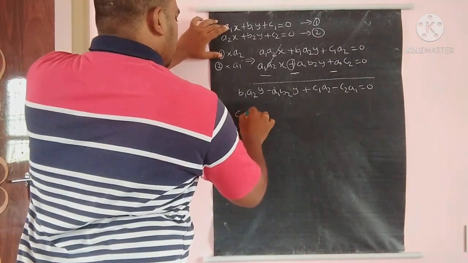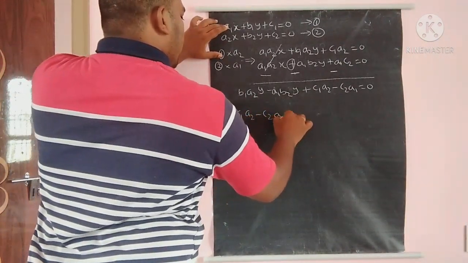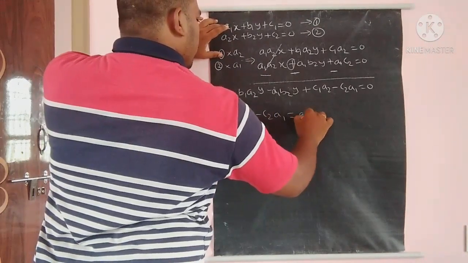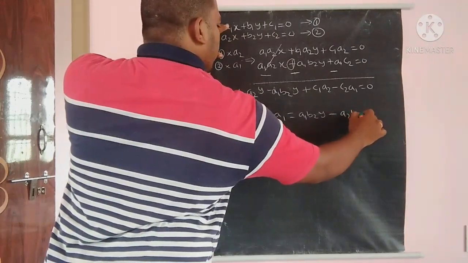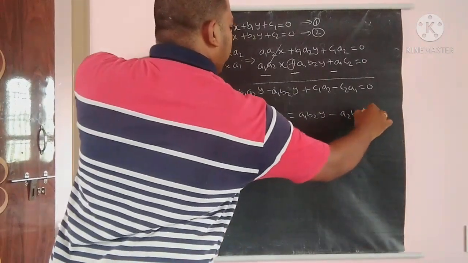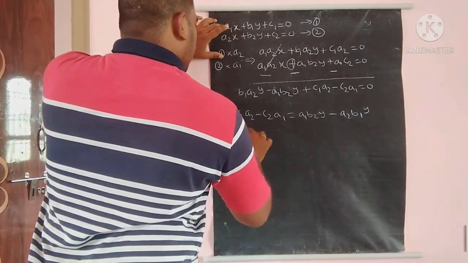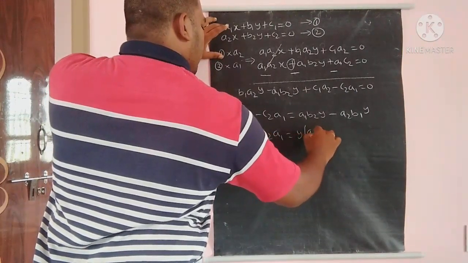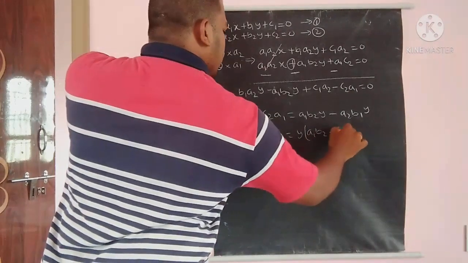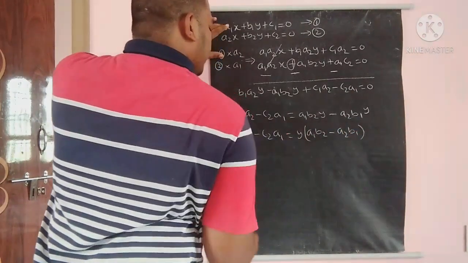So here we can write c1 a2 minus c2 a1 is equals to a1 b2 y minus a2 b1 y. Here c1 a2 minus c2 a1 is equals to y, we can take common, a1 b2 minus a2 b1.